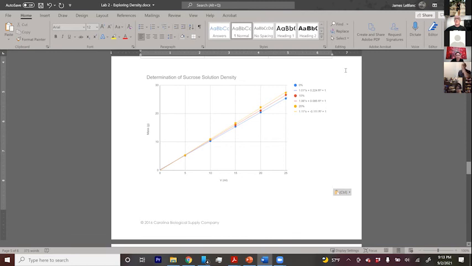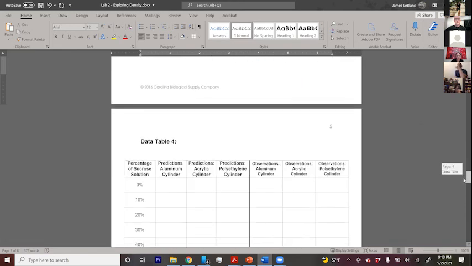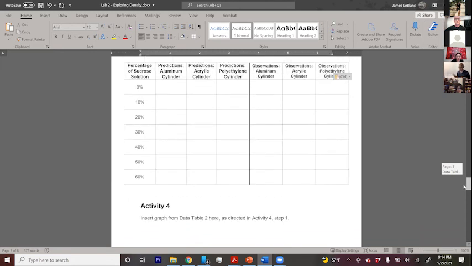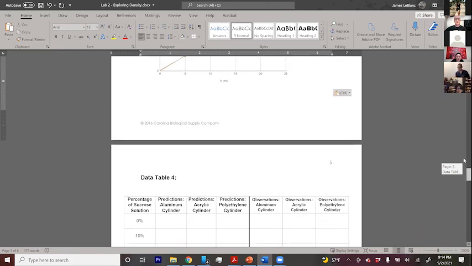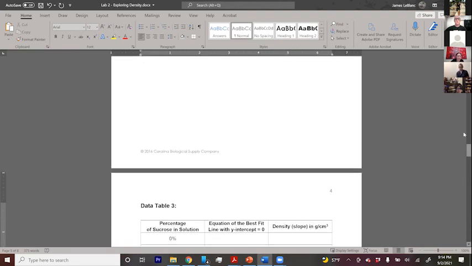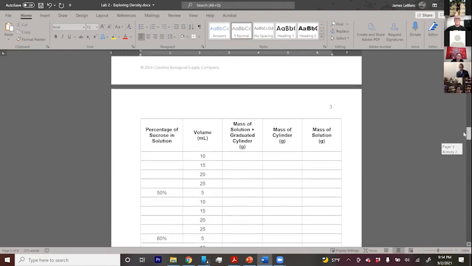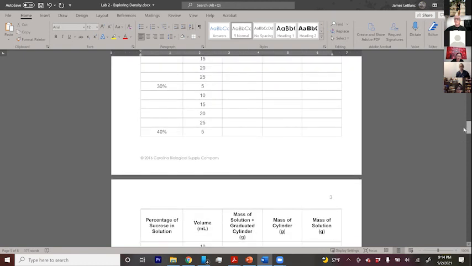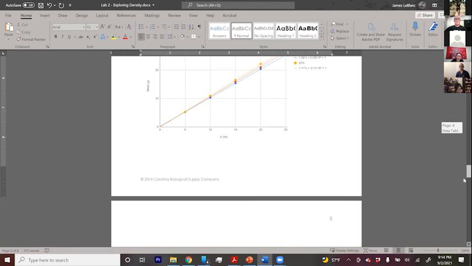So it should have the 0, the 10, the 20, 30, 40, 50, 60, and I think your unknown, or maybe you do your unknown separately. Data table 2. Where does the beverage go? I think maybe you don't.